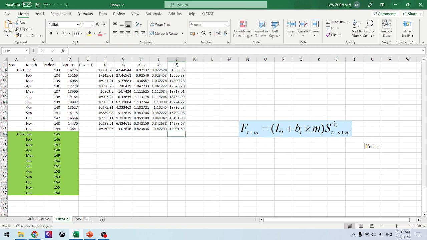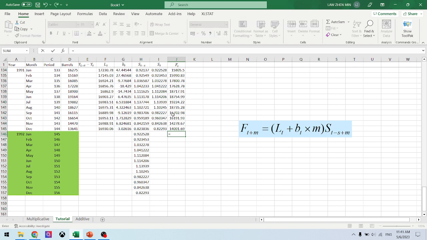So we need to find the st minus s plus m. Actually this value is this one. You can just drag it. Remember that for the seasonality component here, you just use the previous one here. So you can just put a value here, and the formula got changed a bit, but actually it's the same, just the formula in Excel got changed a bit.